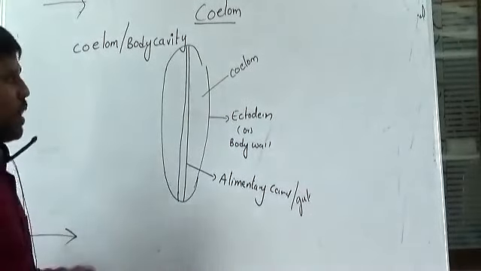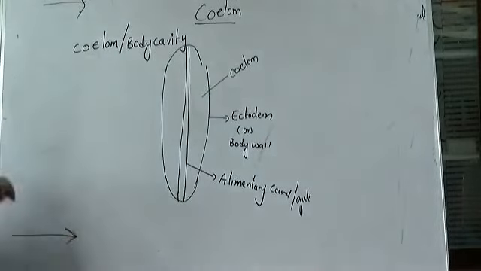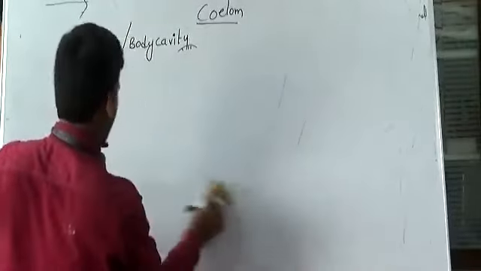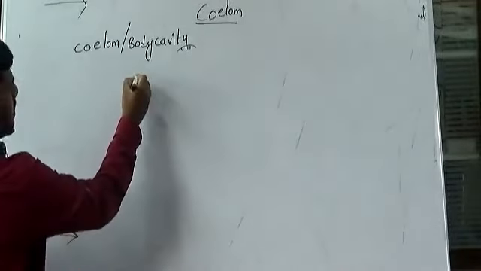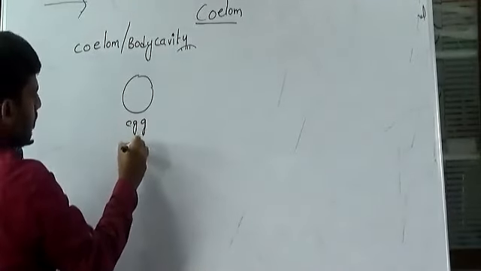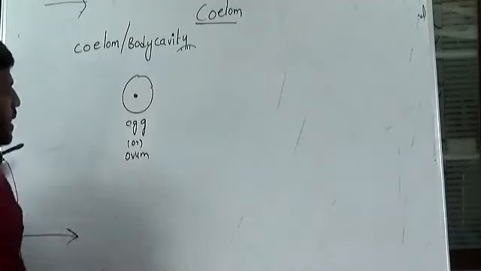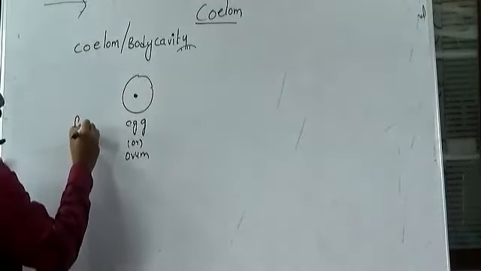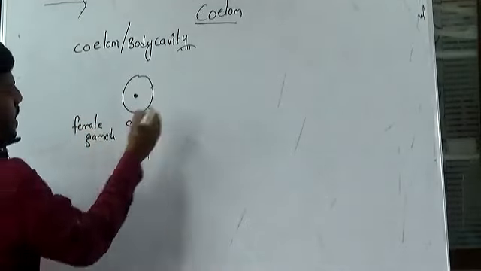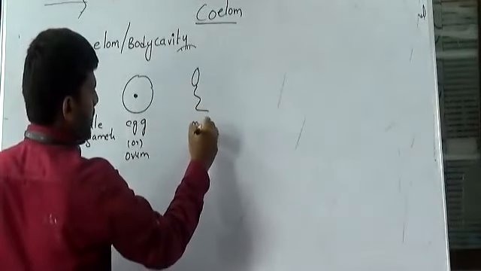knowledge of developmental biology. So let us see some basics of the developmental procedure. See here, this is the egg or ovum, the female gamete, and this is the sperm, the male gamete.